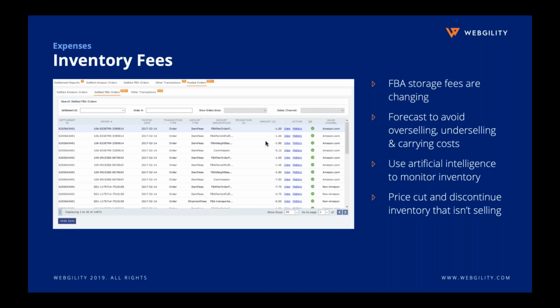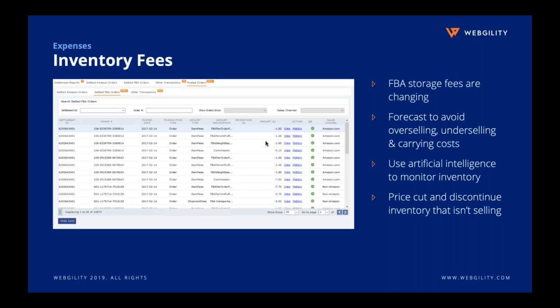Keep in mind with the inventory fees, if you do use FBA, that your FBA storage fees are constantly changing. We have a lot of metrics in our product, and I'm sure whatever product you use, I don't care if it's Excel, you can take a look at those storage fees and make sure that there's not a jump, or you can see if there's a trend analysis on those shipping fees.